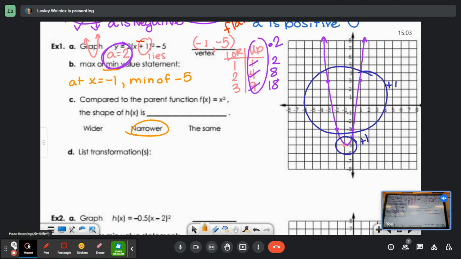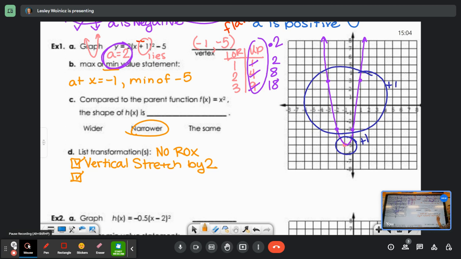Okay, now we get to do transformations. Did we do a rocks? No, we did not. No rocks because our graph opens up. Do we have a vertical stretch or compression? Okay, good. We have a vertical stretch by how much? Good. Vertical stretch by 2. All right, what about shifting? Okay, we shifted which way by 1?